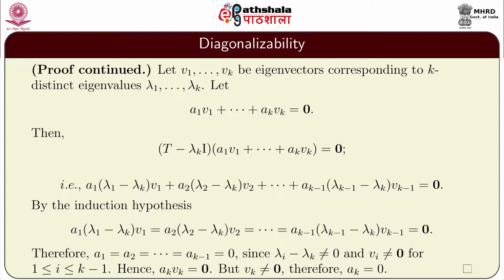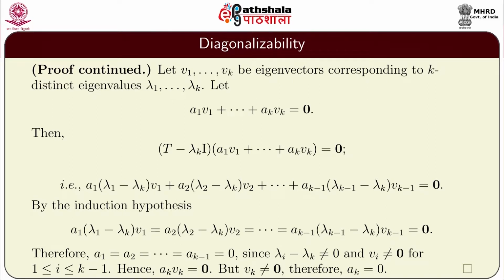Now, we can apply our induction hypothesis on the eigenvectors V1, V2 up to V(k minus 1), because they are eigenvectors corresponding to the distinct eigenvalues lambda 1, lambda 2 up to lambda (k minus 1), and then we get a1 into lambda 1 minus lambda k, a2 into lambda 2 minus lambda k and so on, a(k minus 1) into lambda (k minus 1) minus lambda k, all these are 0, and therefore a1, a2 up to a(k minus 1) are all 0, because lambda i minus lambda k is not 0 for every i between 1 and k minus 1.